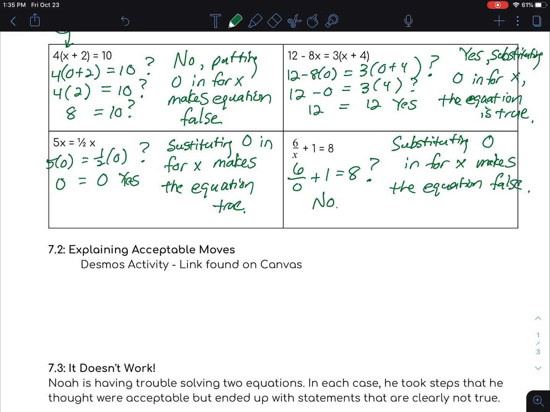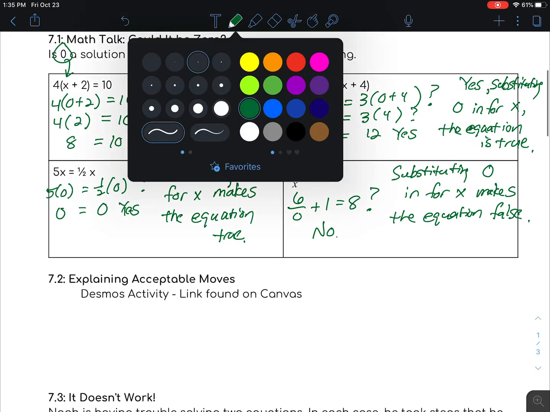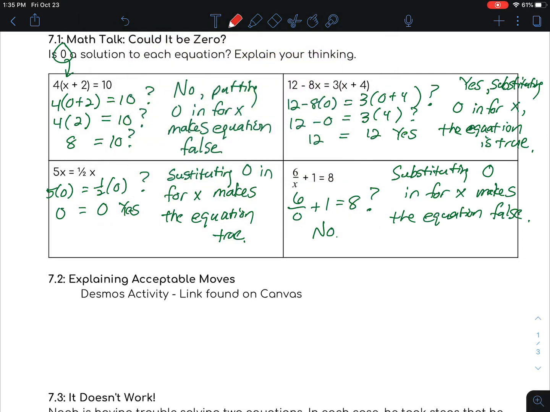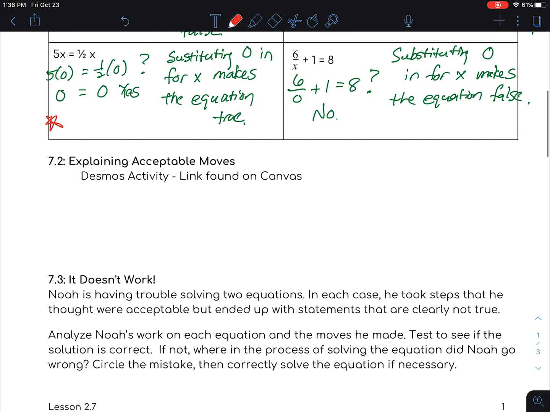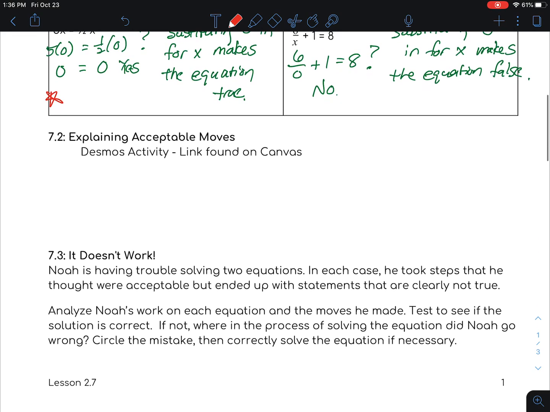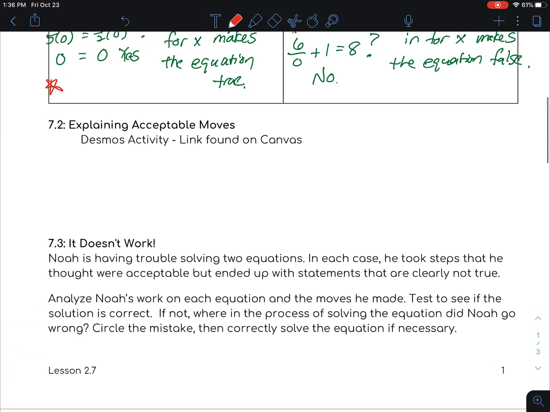It will say undefined, and so that would be a false statement, and so not a solution. So the solutions that end up working out, 0 is a solution for the top right and the bottom left. All right, so in class, we might take a look at this a little bit more in depth with the Desmos activity, but we're going to move on.